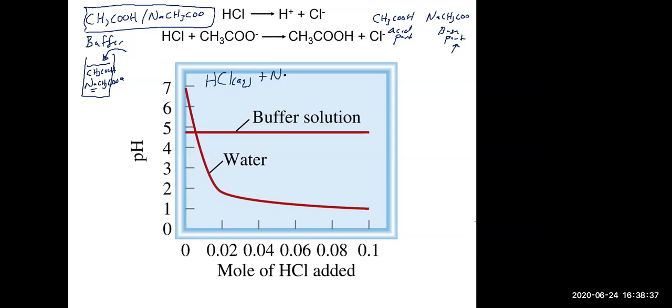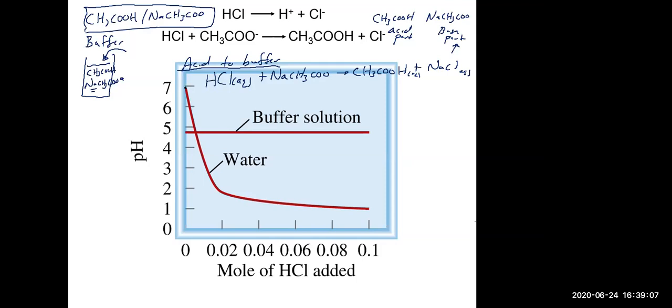And when it reacts with this sodium acetate, we will get our acetic acid and some sodium chloride. So when we add our acid to our buffer, this is the reaction that we're getting.